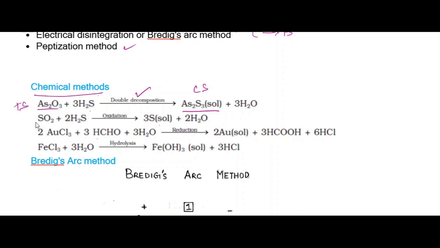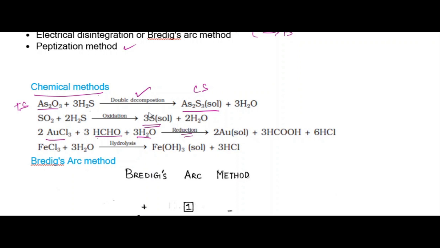And when you have sulfur dioxide and hydrogen sulfide, when they are subjected to oxidation, then sulfur sol is obtained. And similarly auric chloride, gold, by treating with formaldehyde with water, it undergoes reduction.